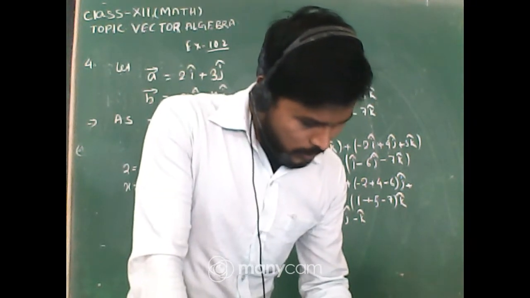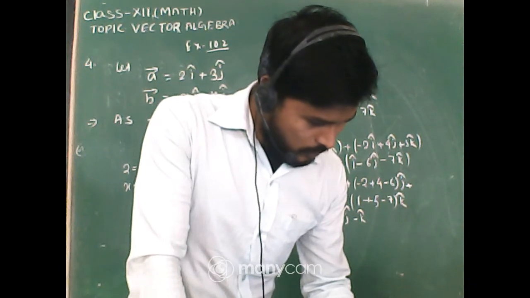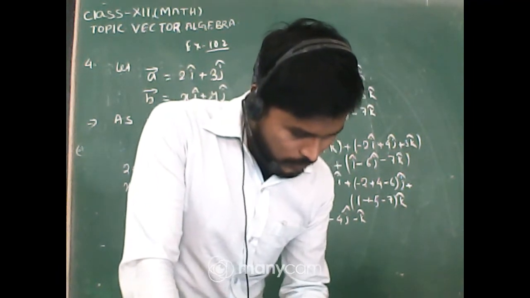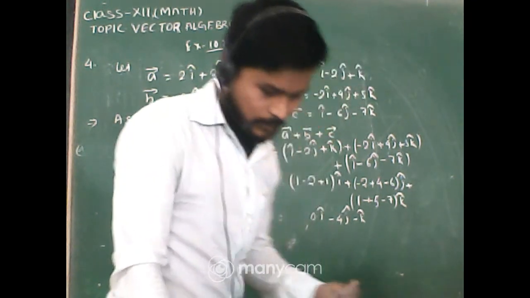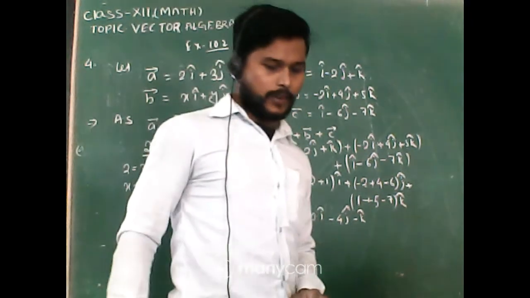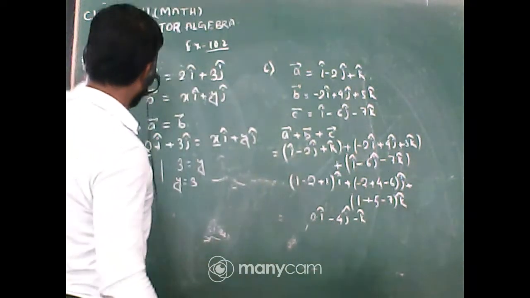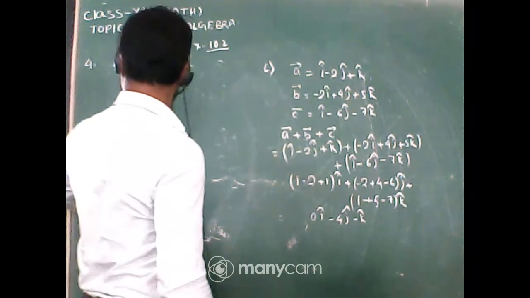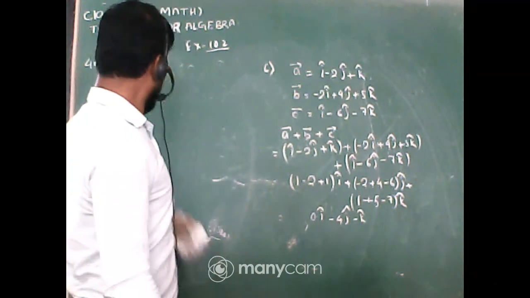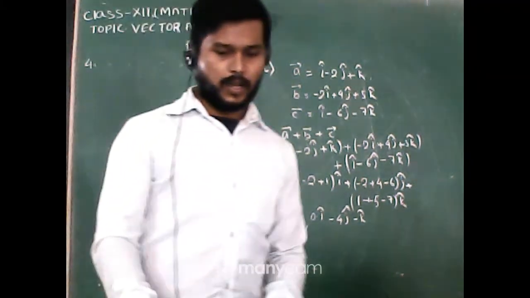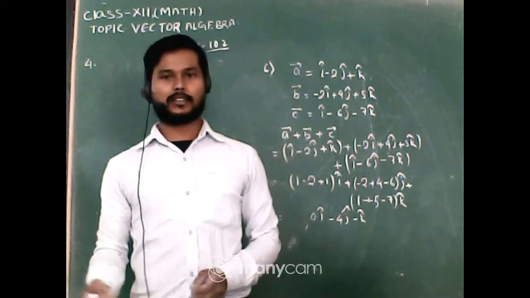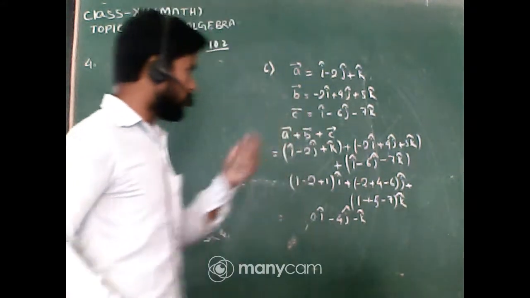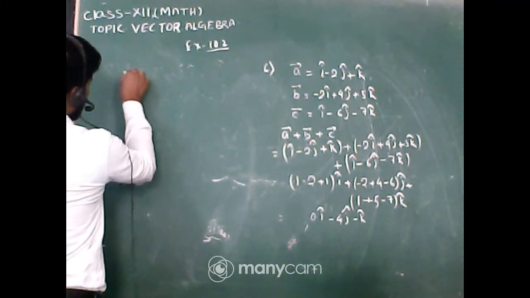Now come to the next question. We'll do question number 7. Find the unit vector in the direction of this. How to find the unit vector? Let me define the unit vector first. I told you the unit vector means the vector having the magnitude equal to 1. Let A be the vector.